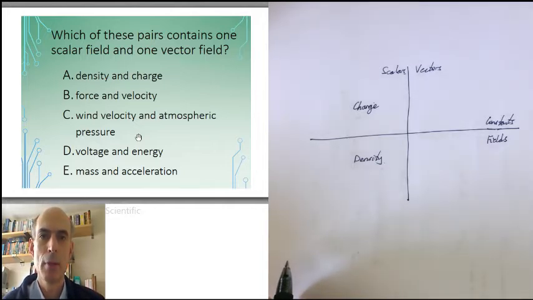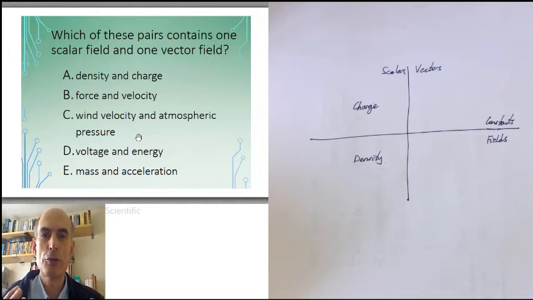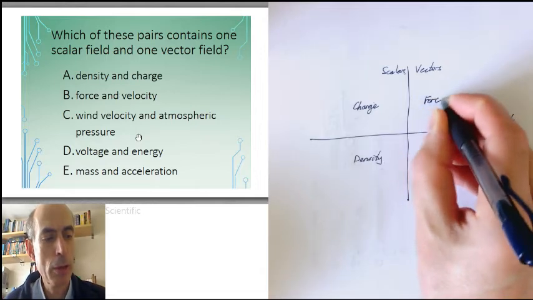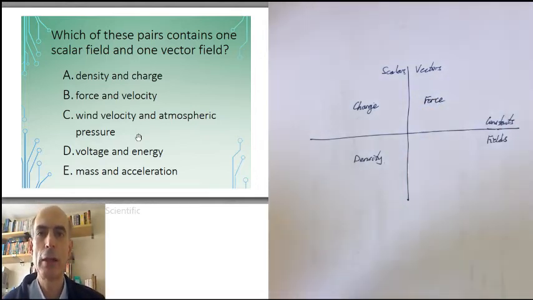Force. Well, force is a vector. It has a direction. But just force by itself isn't necessarily a function of position. If all you're told is that the force is 10 newtons, that contains no information that the force is going to change in different places. So I would say that force, if you're just told about force, is a constant vector.